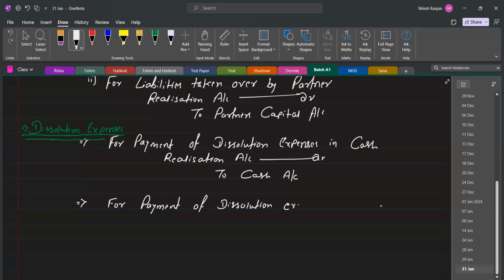In a dissolution, you have to do one thing, that every realization of assets in cash or in any other form. Am I audible? So your voice is breaking. Okay, so not audible.